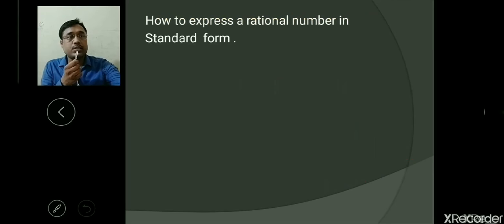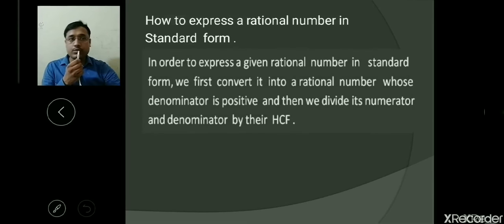Now we have to understand how to express a rational number in standard form. Okay, so let's have a look. In order to express a given rational number in standard form, we first convert it into a rational number whose denominator is positive.